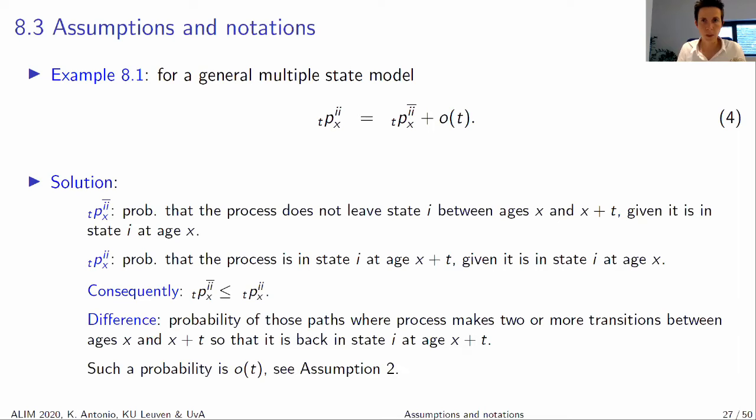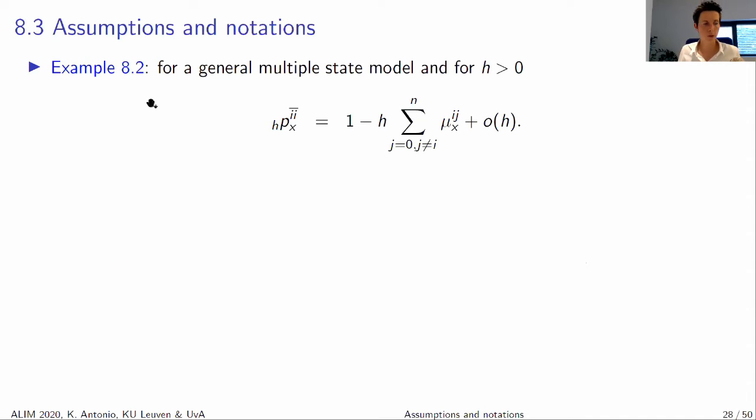Okay. So that's the first example, and we'll see more of these examples, which will force us to think a little bit about these concepts and to come up with meaningful expressions to work with these different transition probabilities. So that was example 8.1. Let's continue with another one.